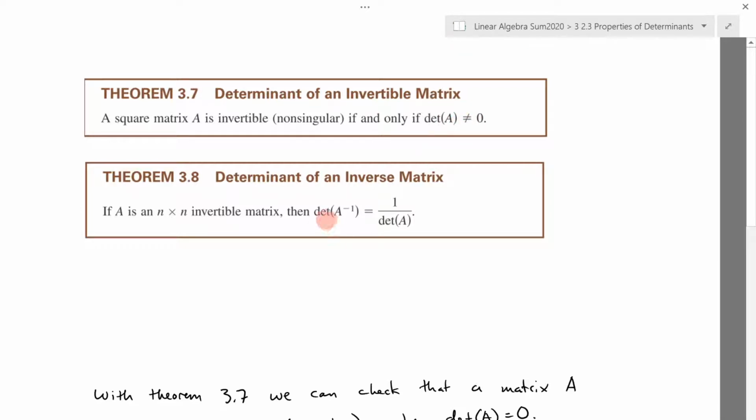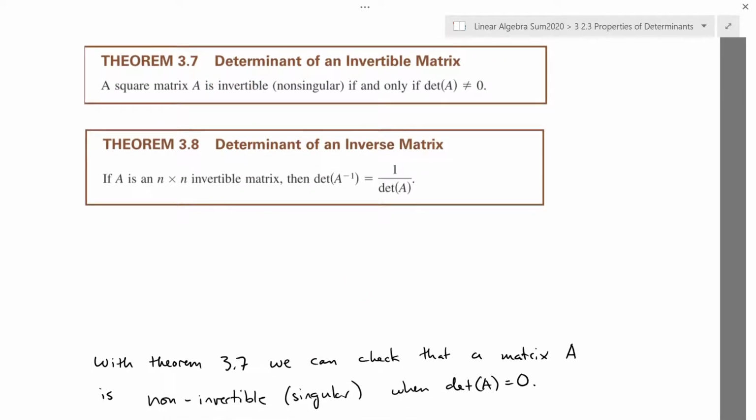And also you can calculate the determinant of the inverse by 1 divided by the determinant of A. So the theorem 3.7, you can also turn around to say that the determinant of A is equal to 0 if and only if A is not invertible. So that is equivalent to the way 3.7 is stated.